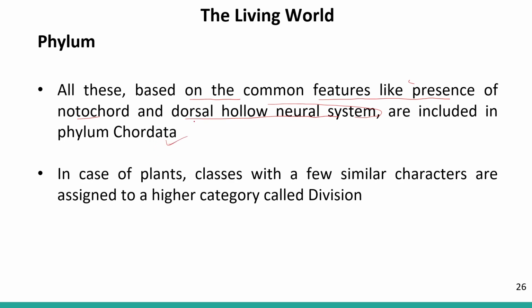You can see these are very diverse, but they share only some of the common characteristics, not all, so it is very difficult to determine the relationship. In the case of plants, instead of phylum, we call it division.